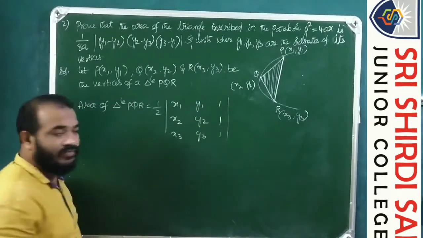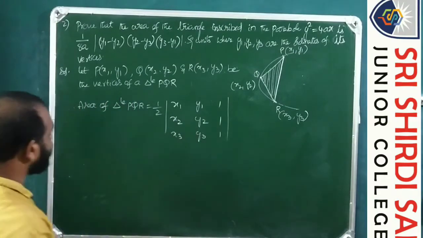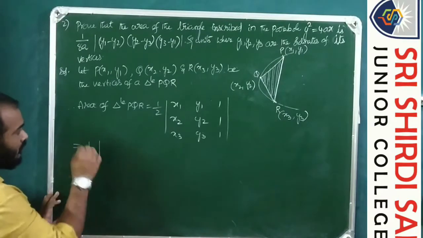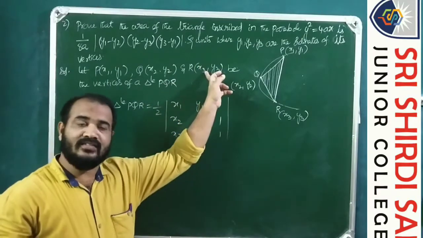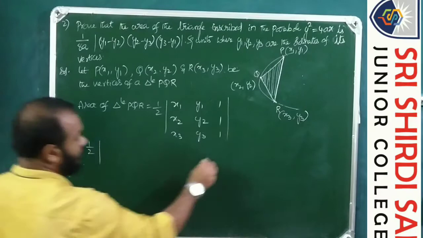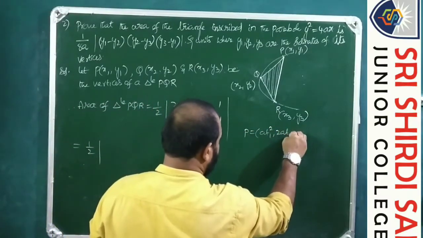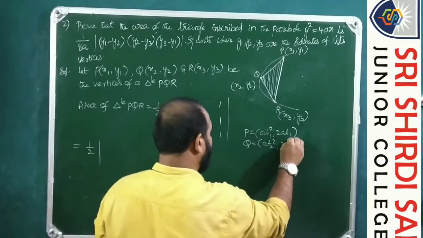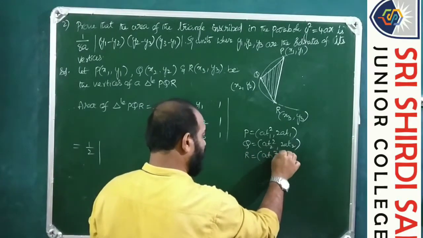So this is what we have learnt last year in coordinate geometry. So now this is equal to half, where x1 y1, x2 y2, x3 y3 are the Cartesian points, whereas P is at1 square comma 2at1, Q is at2 square comma 2at2, R is at3 square comma 2at3.